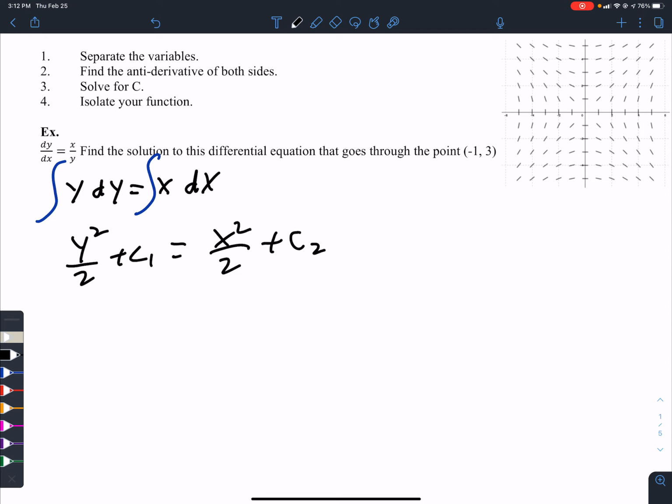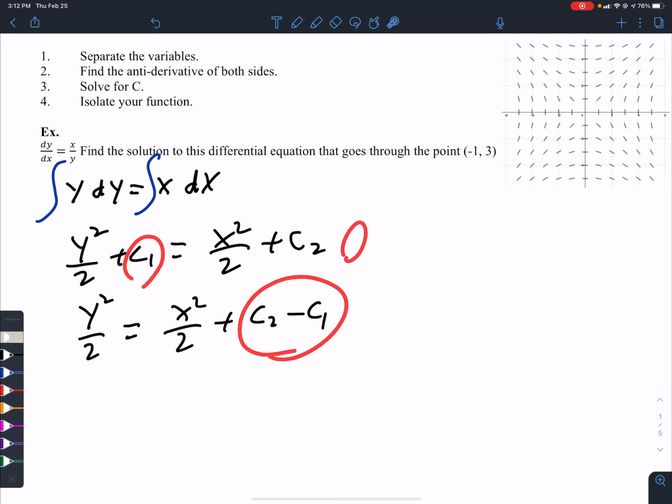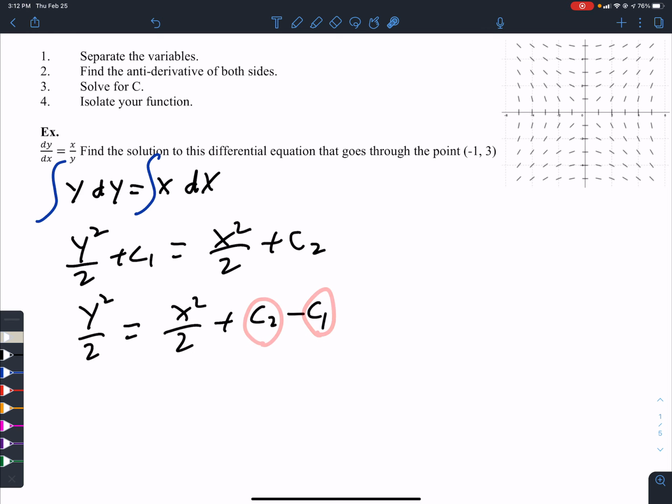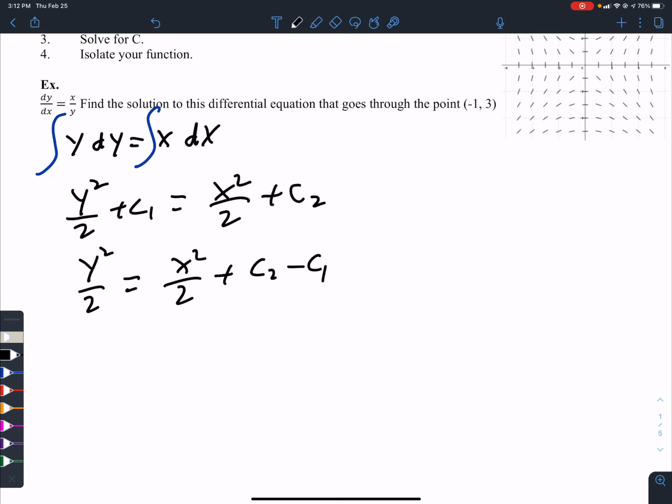But now I'm going to subtract c1 from both sides, and I'm going to end up with this. So I subtract that from here, I end up with that. But notice c2 is just a constant. c1 is a constant, and a constant minus a constant is a new constant. So I'm going to replace c2 minus c1 with c, where c is equal to c2 minus c1.